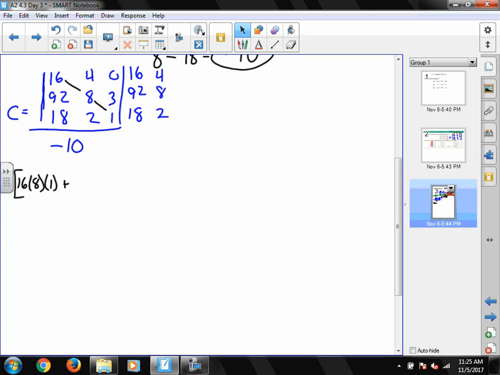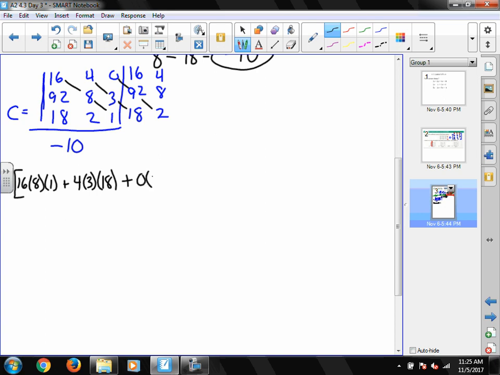I'll make it a little easier for us to calculate that. So 4, 3, and 18 plus 0 times 92 times 2. Those zeros make it really nice for us. They end up making multiplication simpler.